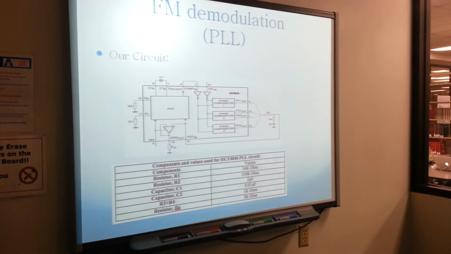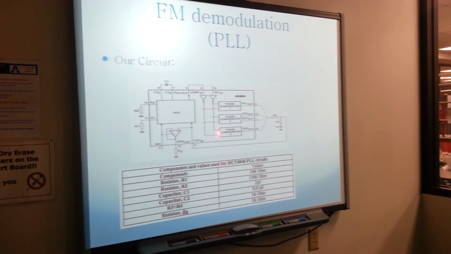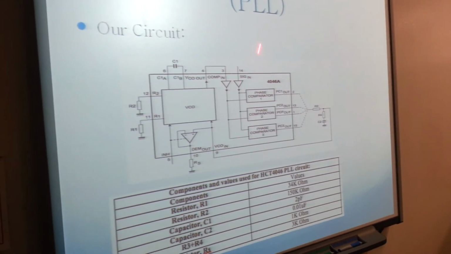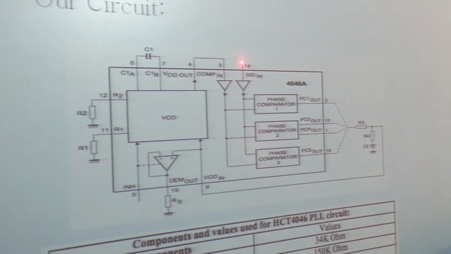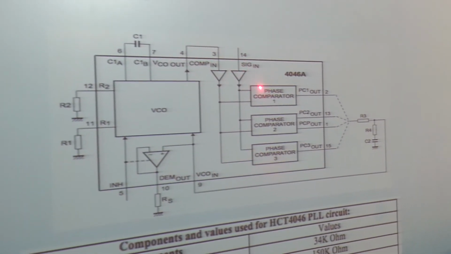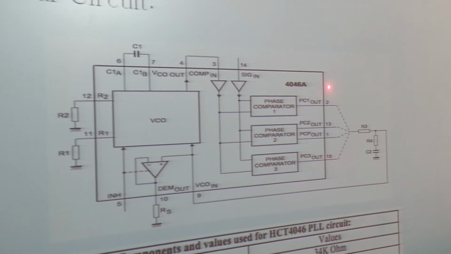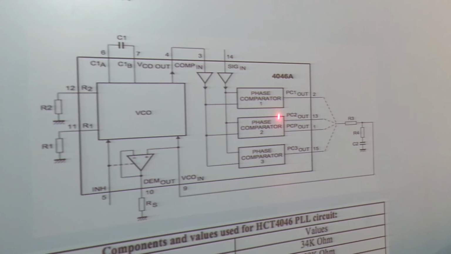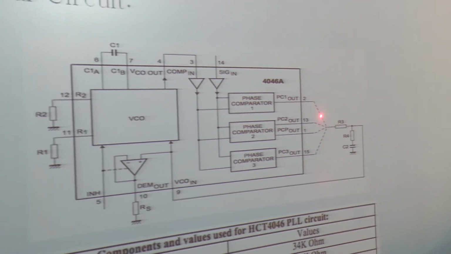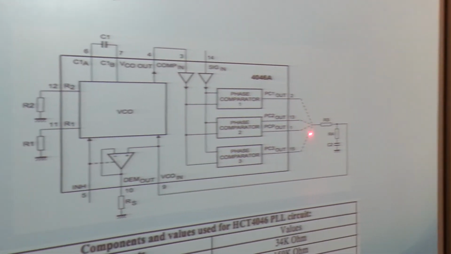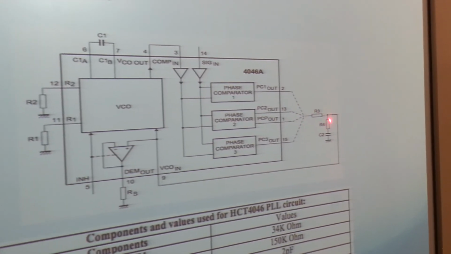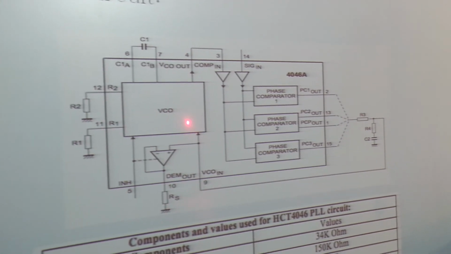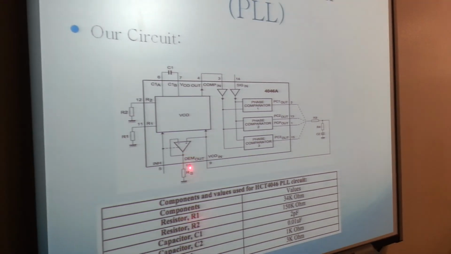Our circuit is based on the schematic provided over here. As you can see, pin 14 is the signal input which will be coming in from the Elenco radio kit. The phase comparator output is pin 2, which is the exclusive OR gate that we are using, and the phase comparator output goes to the low pass filter and then is fed into the voltage controlled oscillator, and the demodulation output is from pin 10.